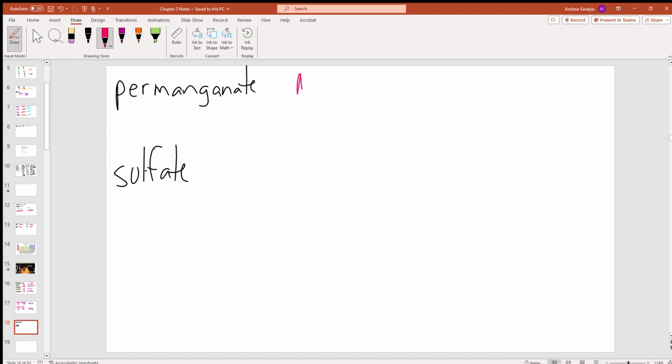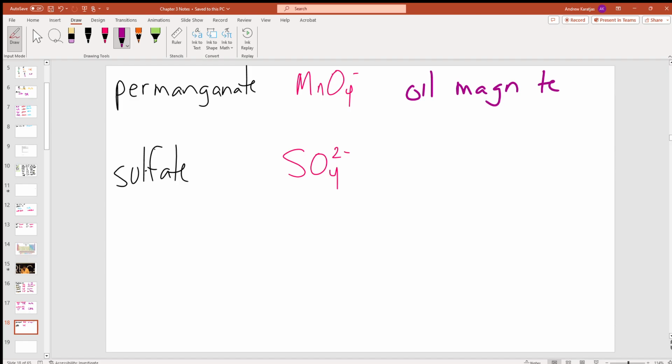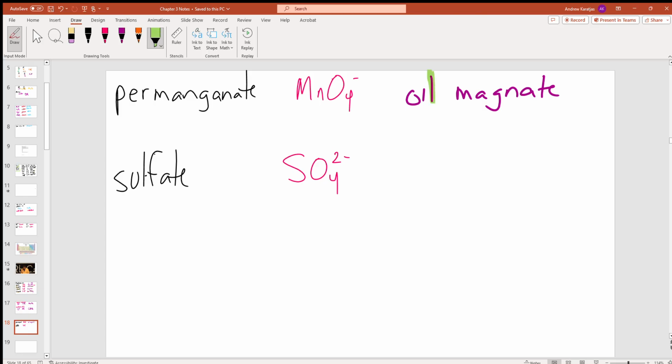Permanganate, MnO4-, and sulfate, SO4 2-. For permanganate, we can think of an oil magnate. So oil, one consonant sound, -1. Magnate, 1, 2, 3, 4 consonant sounds, 4 oxygens.